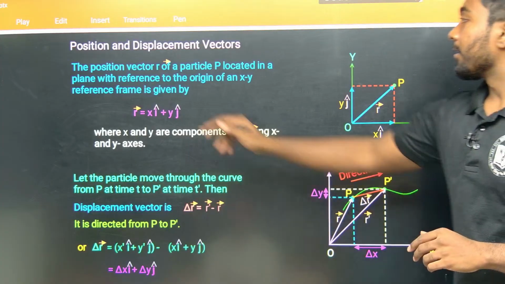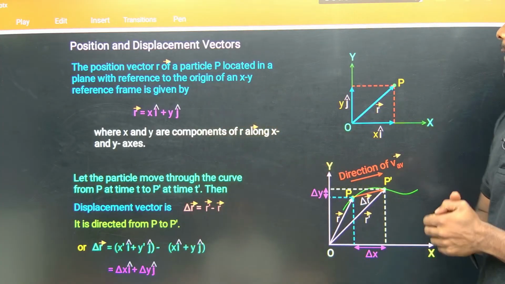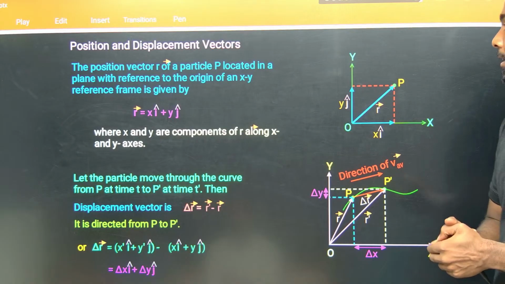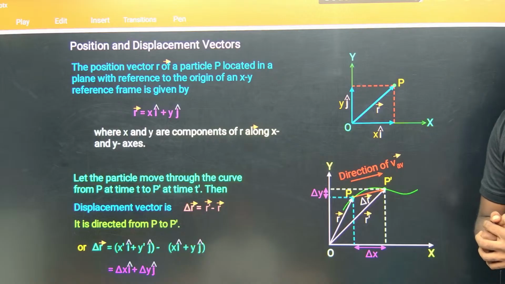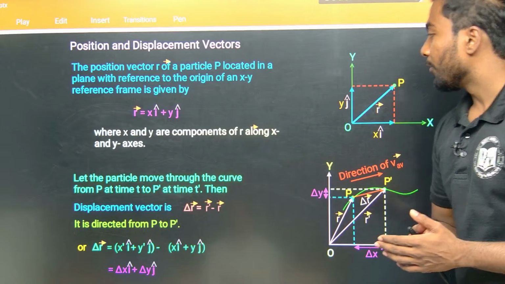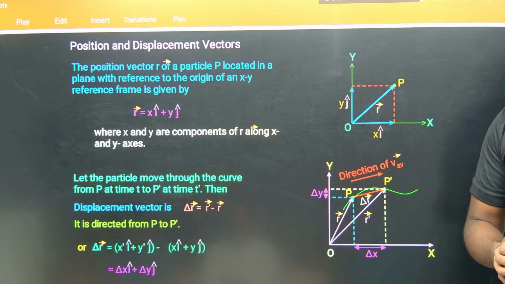Okay. Here the position vector r of a particle P located in a plane with reference to the origin of xy reference frame is given by x i cap plus y j cap, where x and y are the components of r along x axis and y axis.